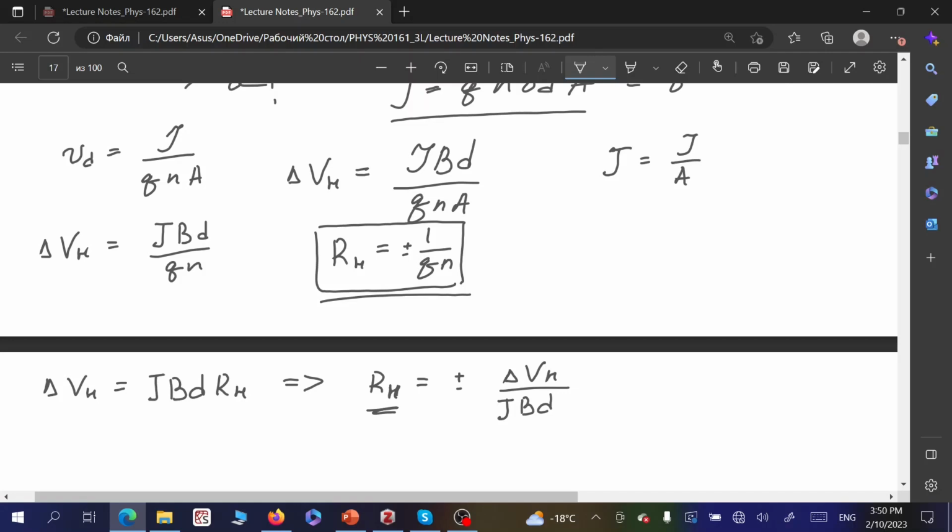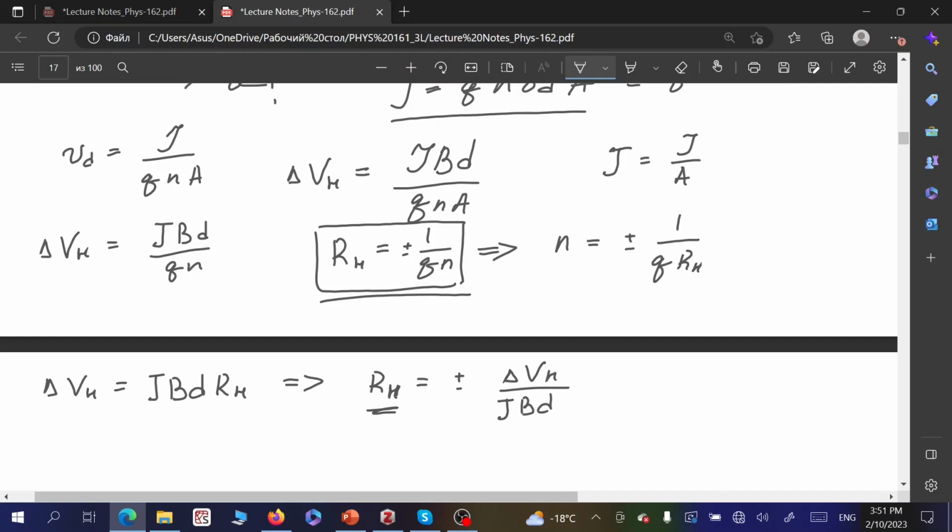And the polarity, depending on where is plus and where is minus, will give us plus or minus. So that will give us R_H. And if we know R_H, then from this equation we can determine the concentration of charge carriers. And that will be equal to plus minus 1 over Q times R_H. So that will give us the option to determine the concentration of charge carriers.